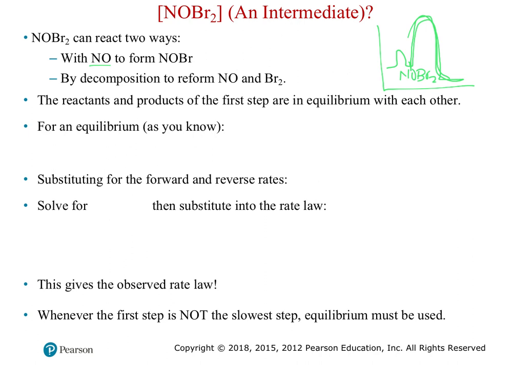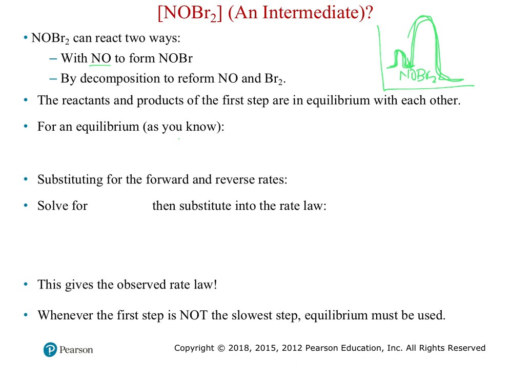And it's actually going to do both. Since the first step is fast, that energy bump is really small. So the molecules can go backwards and forwards, and eventually they're going to reach equilibrium, or they're going to get to the same step.